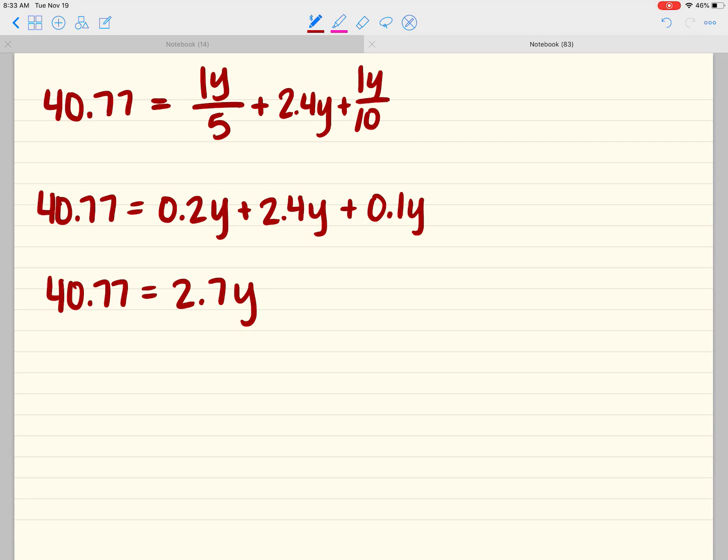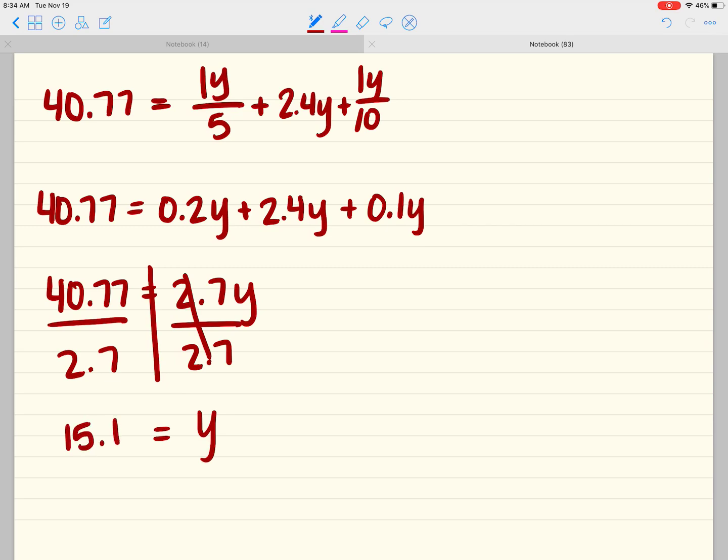Okay, now this is a pretty simple problem to solve, correct? What's the only step you have to get y by itself? Divide by 2.7. Okay, somebody do that for me. Tell me you would get y is equal to 15.1. Okay.